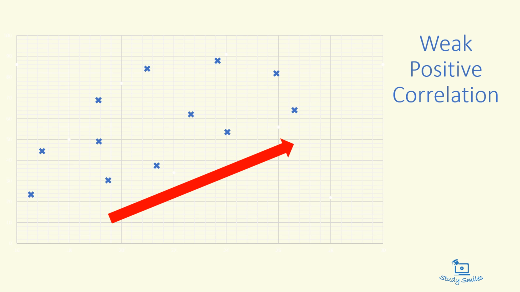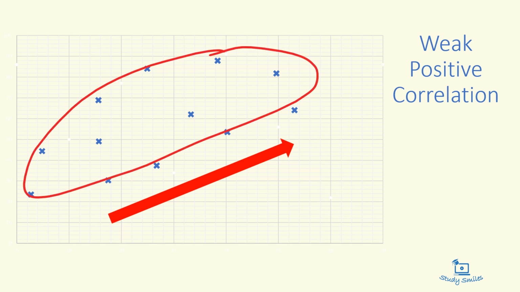Although it's important not to join up the points on a scatter diagram, sometimes it can help to think about drawing a bubble around the points to see if there is a weak correlation. Here, if we draw a bubble around the data points, we can see that there is a trend from bottom left to top right, indicating a weak positive correlation.